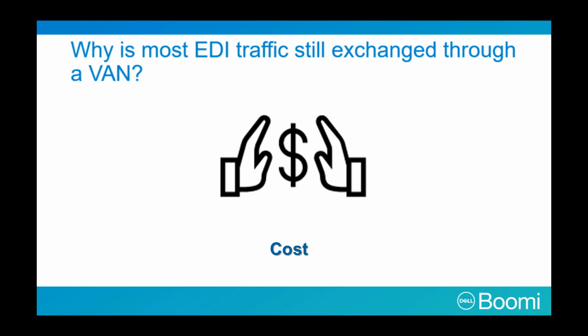VANs use volume-based processing, charging on the volume of data going through. Most VANs support a tiered pricing model. As you hit a certain tier, the charge for the incremental volume or incremental documents drops. So the VAN usage gets cheaper the more volume you have.